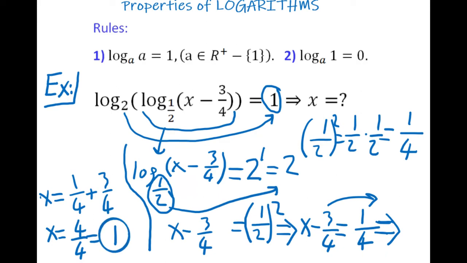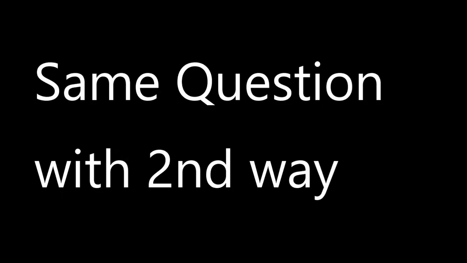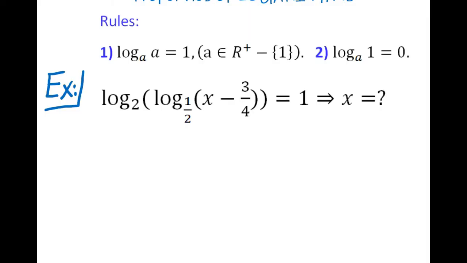There is another way to solve this question, okay? But before that, let me erase the board. Okay, we just solved this question and we found out that x is 1, guys. And I will solve this question in another way. You can think that the result is 1, right?